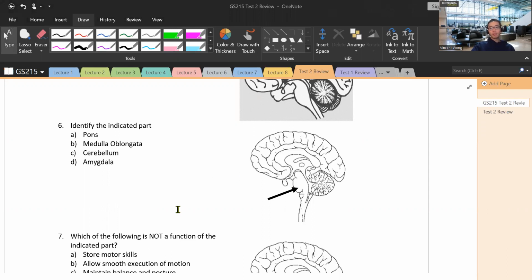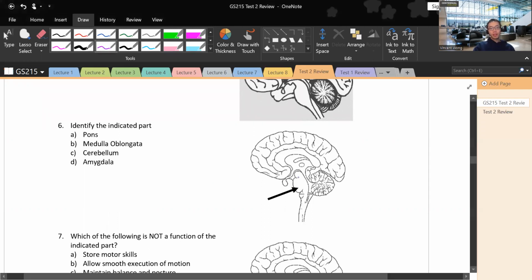Most of you got it right. This is the pons. You will know it as the pons because it's like an oval structure here. That's the pons. That's the medulla oblongata. Cerebellum is this one at the back. Cerebellum is at the back, the one that helps you maintain posture and balance, right?